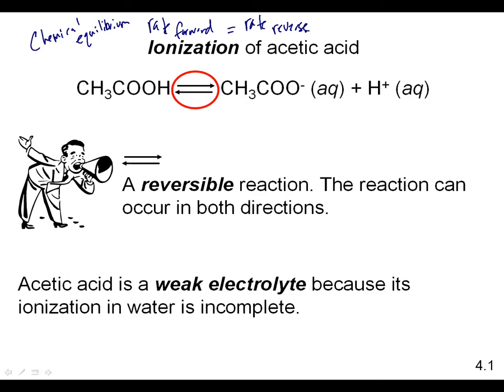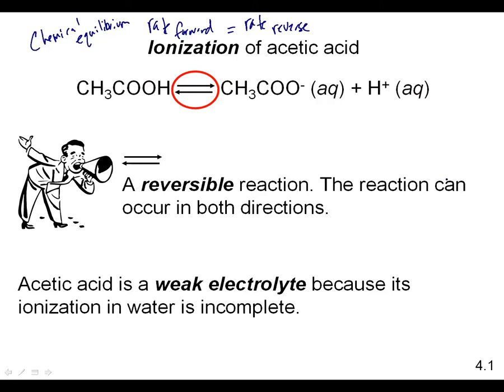It just means as quickly as it goes to the product side, it will just as quickly go back to the reactant side. So it goes back and forth at basically the same rate. And that essentially locks everybody into place in terms of their concentrations, and there won't be much changing.